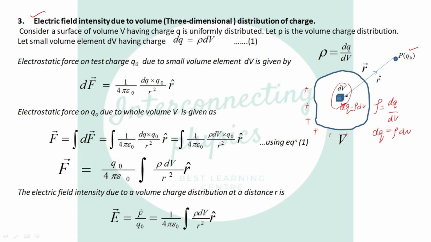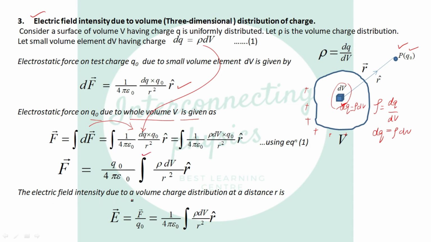So now let us calculate the small force due to this volume element on this test charge, which is given by dF vector equal to 1 over 4 pi epsilon naught dq into q naught divided by r square into r cap, and the electrostatic force on q naught due to the whole volume is given as F vector, integration of dF vector equal to 1 over 4 pi epsilon naught. Put the value of dF here and substitute the value of dq here and take the constant terms out from the integration.